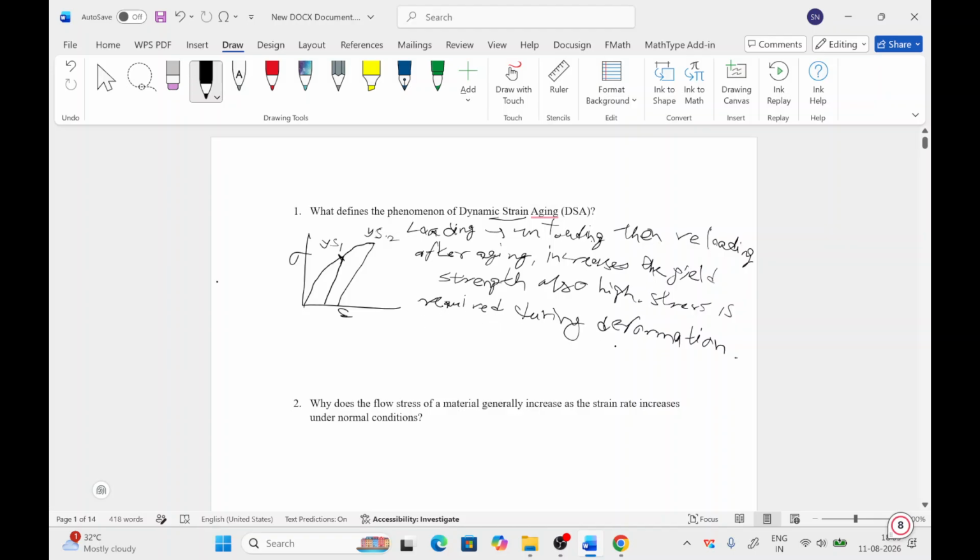So this phenomenon is known as dynamic strain aging, DSA.